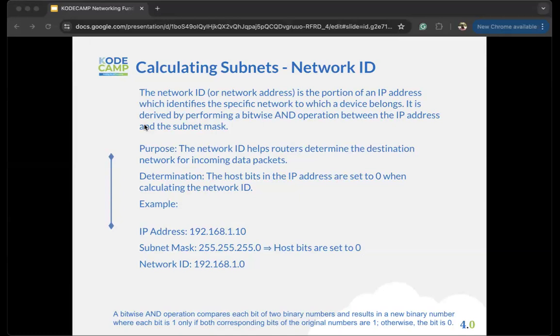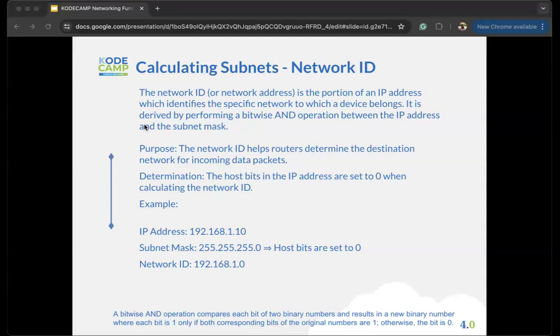And the host bits of the IP address would be a set of zeros when calculating the network ID. So looking at this example, for instance, you have an IP address 192.168.1.10, right?